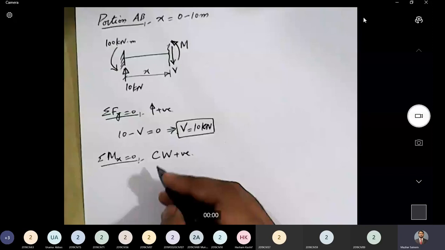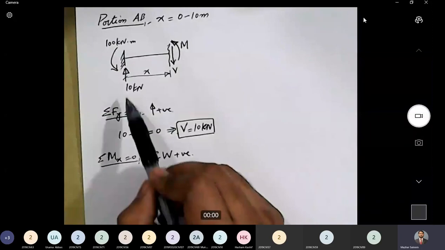Now, if I rearrange this equation, I get M is equal to 10x minus 100. This is the equation of bending moment for portion AB. Now, we will consider point A and point B, and we will put the corresponding values of x in this equation, and we'll get the values of bending moment at these points.